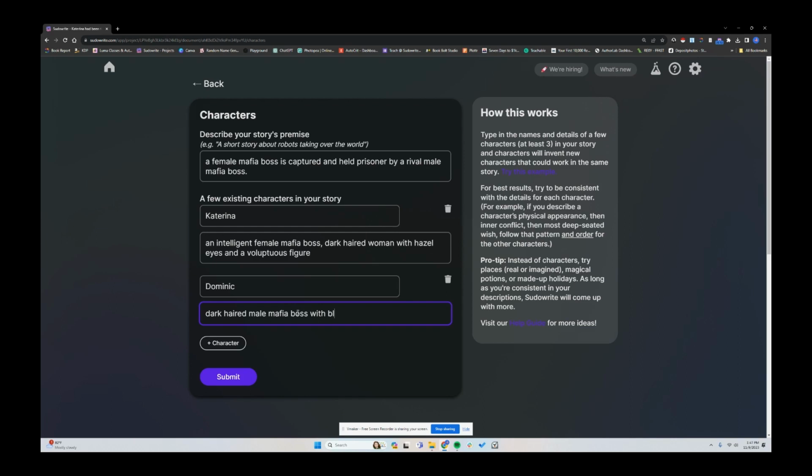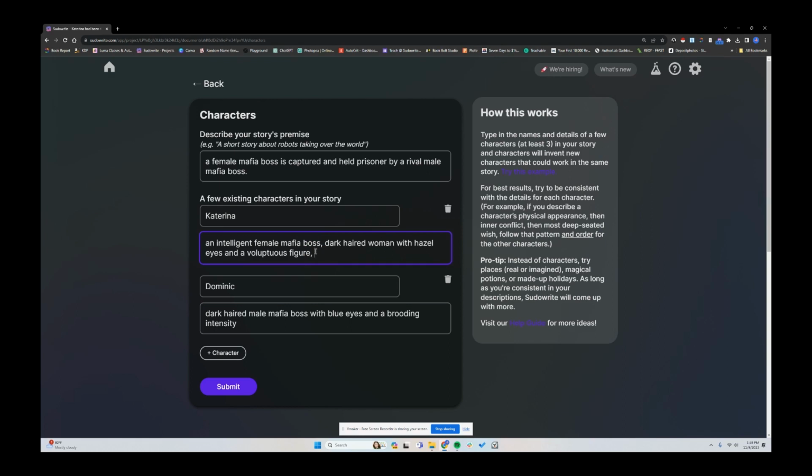And let's give him those piercing blue eyes. Blue eyes and a brooding intensity. All right. And of course, we could add some additional conflict, some contrasting natures with these.